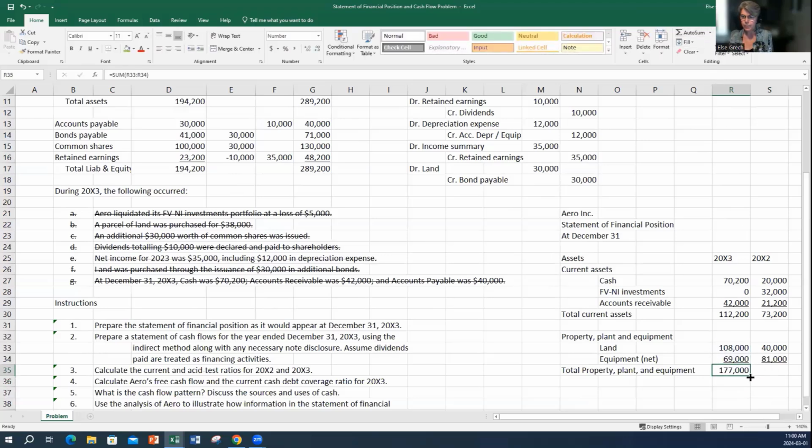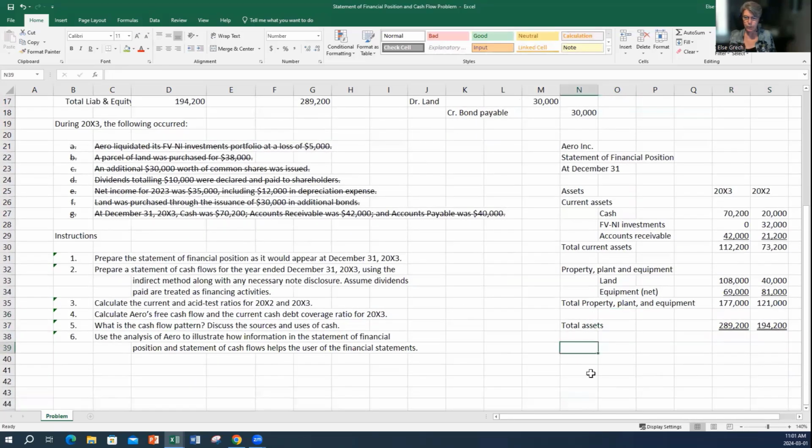There we go. And then we're going to do, of course, total assets. Current plus my non-current. And there is our total assets. I'm going to double underline them. There we go. So now, of course, I have to do the liabilities and equity, also called shareholders' equity.